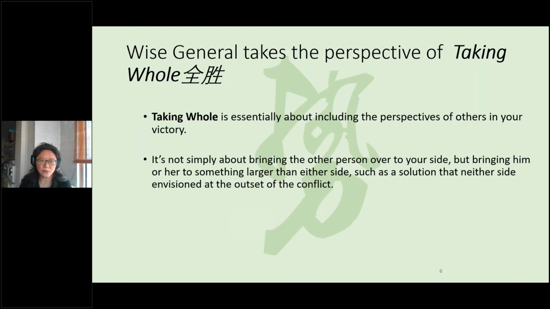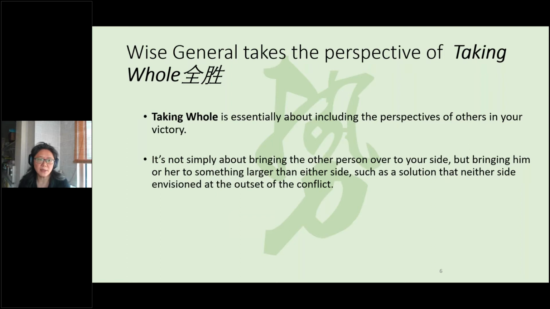It may sound not very fresh or something that we never heard before, because I've encountered people who asked me, so this is no different than what we know as the win-win concept in negotiation. Yes, and they're right, and you're right too.